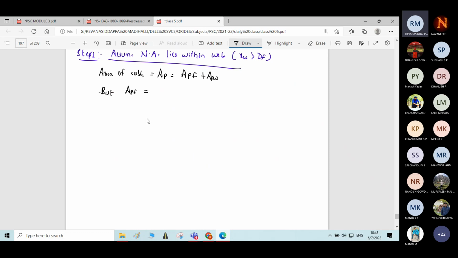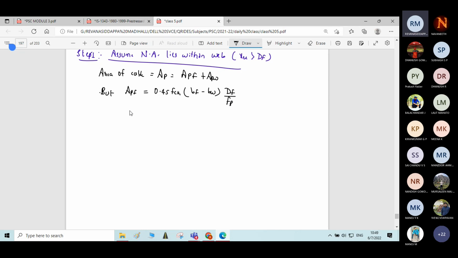I will write the same formula, 0.45 FCK into (BF minus BW) into DF by FP. Okay, so everything is known.